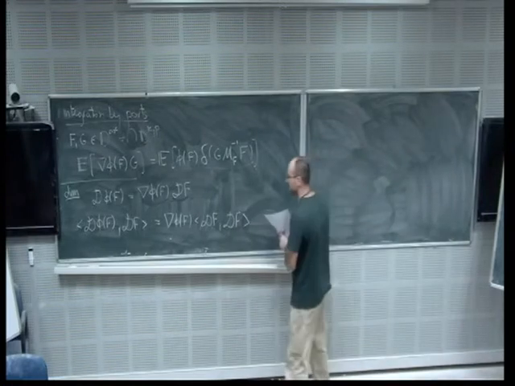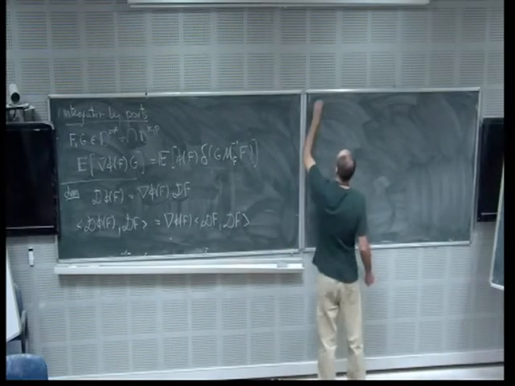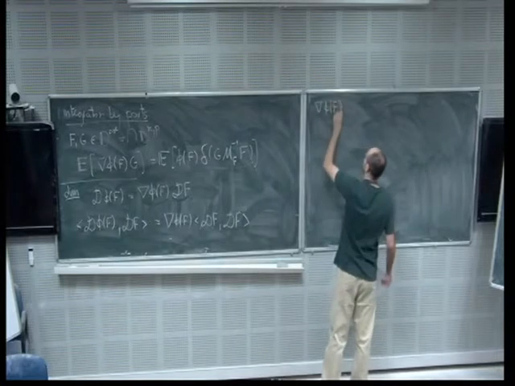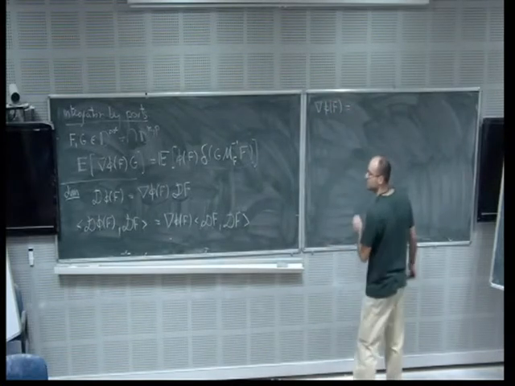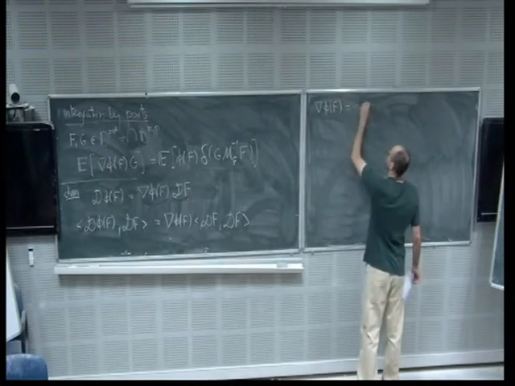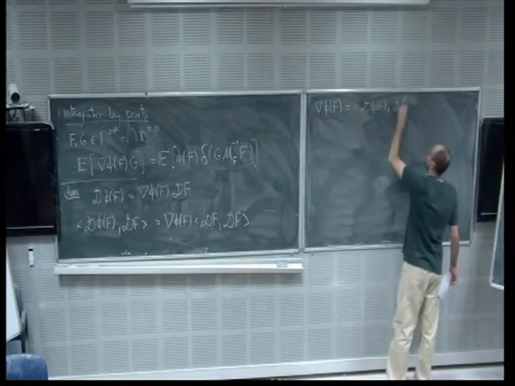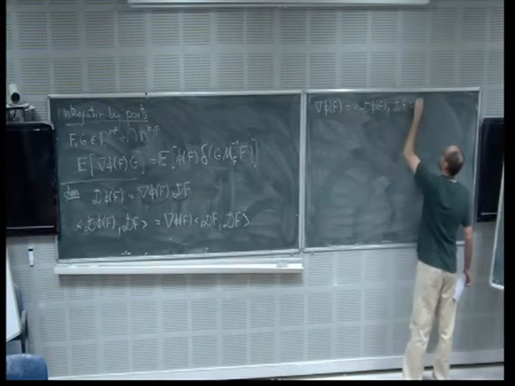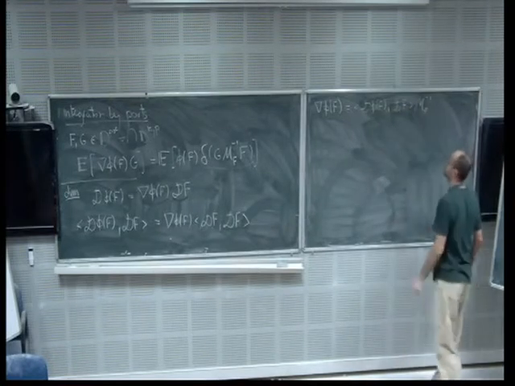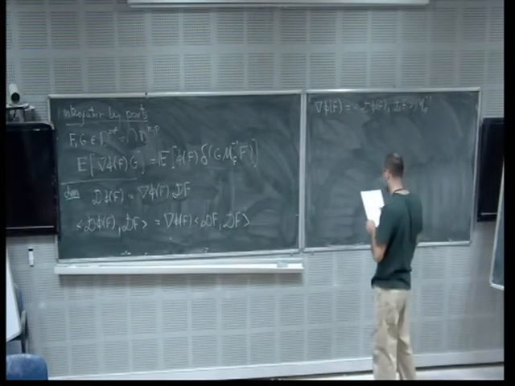And so what we get is that the gradient of f is equal to this product times the Malliavin derivative to the power minus 1. Okay.